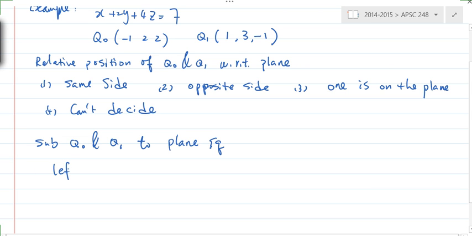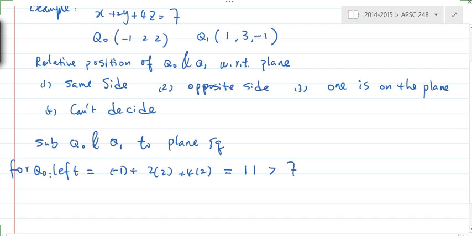Let's say for Q0, if I substitute into the left side, what is that equal to? -1 plus 2 times 2, plus 4 times 2, which gives 4, 8, 12 minus 1, 11. So 11 does not equal 7, so that point is definitely not on the plane.